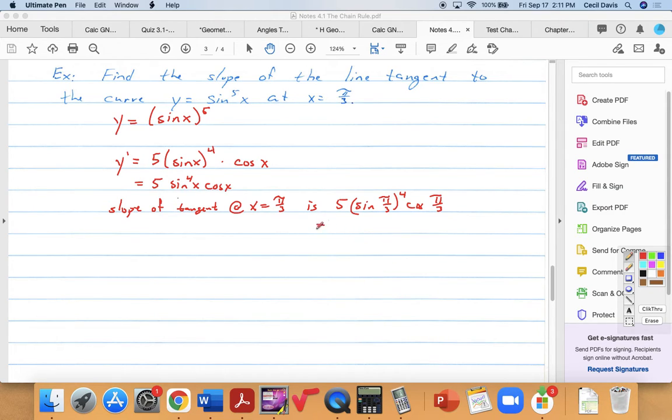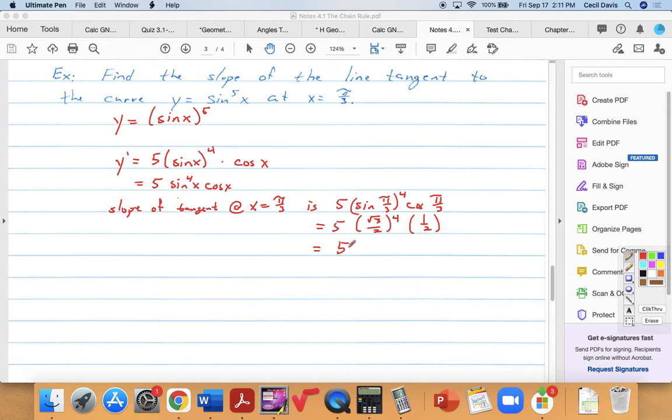So this will be equal to 5 times sine at pi over 3, square root of 3 over 2. We want to raise that to the fourth. And cosine at pi over 3 is 1/2.